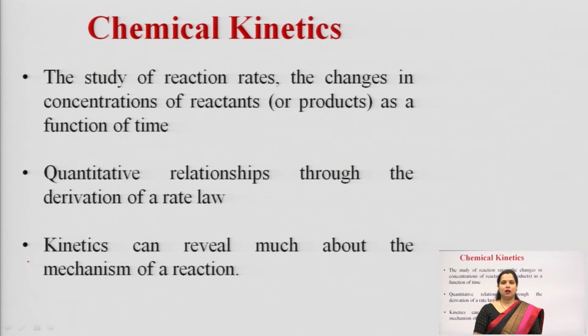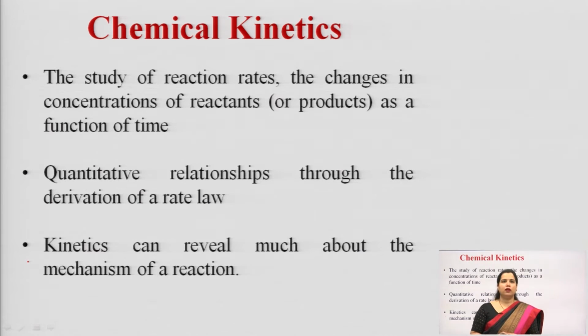So, basically chemical kinetics deals with the study of reaction rates, the changes in concentration of reactants as a function of time. In following some sorts of reactions, we need to understand the kinetics to identify or analyze the reactant types, their incompatibilities and the concentration of product produced.